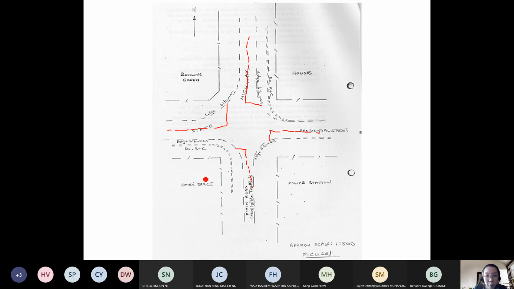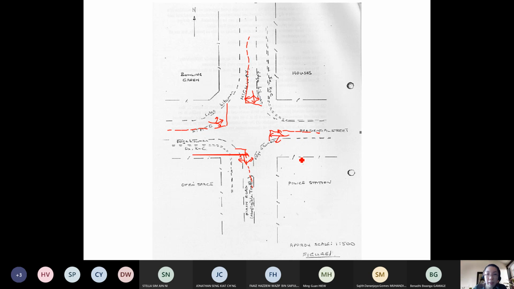Which means at this point I can allow through, I can allow left turn, I can allow right turn. Likewise goes to the rest. So this is the most basic, you get the idea?